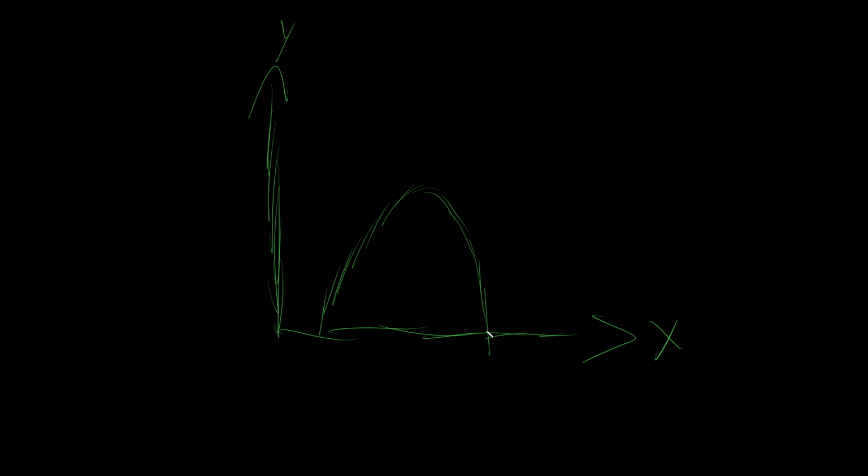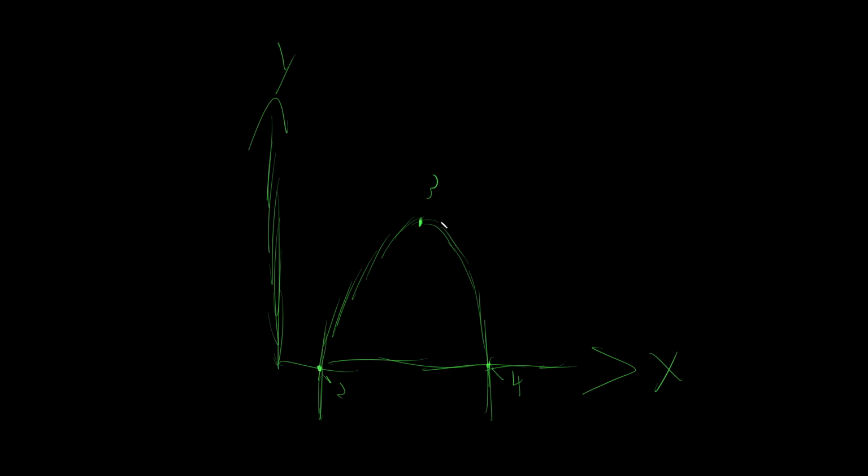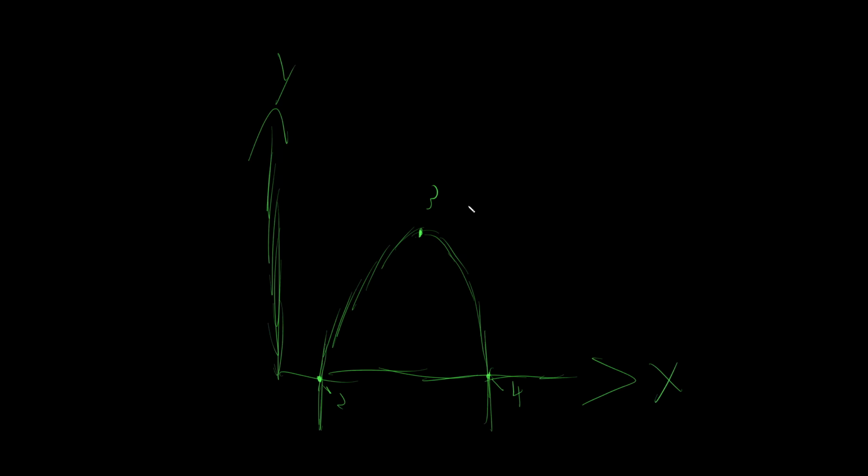You probably talked about parabolas in Algebra 1. So we know that these two are the roots. This is at x equals 2. This is at x equals 4. This one's at 3. So limits don't talk about the value of a function.